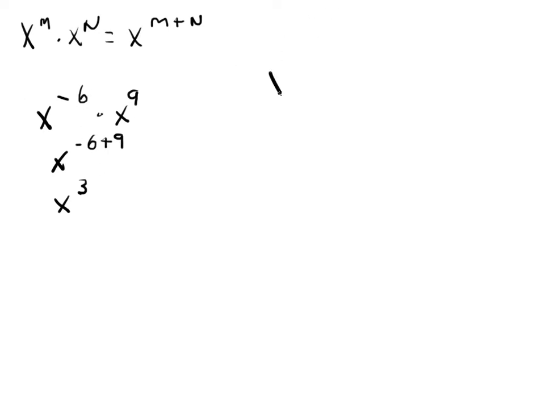There's also nothing that says that these have to be integers at all. We could have x to the 1/2 times x to the 1/3, and we're still going to add those exponents. We're going to take x to the 1/2 plus 1/3, find our common denominator of 6, and combine these as 3 over 6 and 2 over 6.